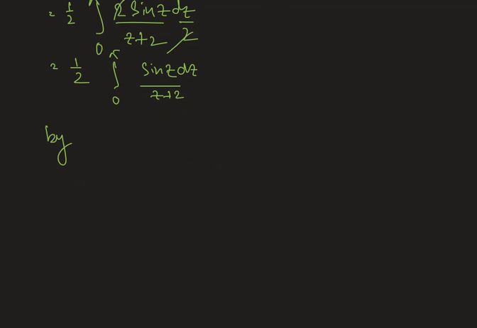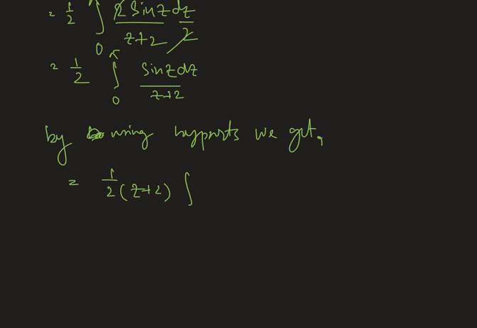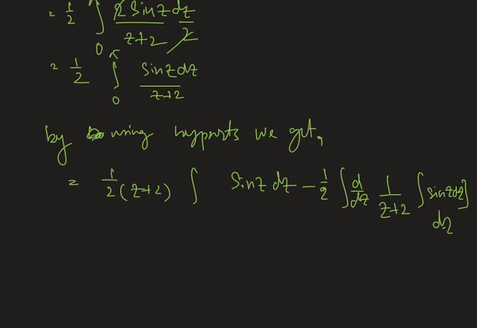Now by using the integration by parts formula, we get half divided by z plus 2 times the integration of sin z dz, minus half integration of d/dz of 1 by z plus 2 times the integration of sin z dz, and dz.